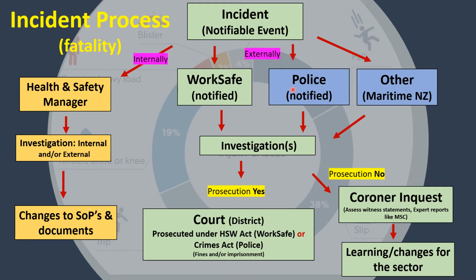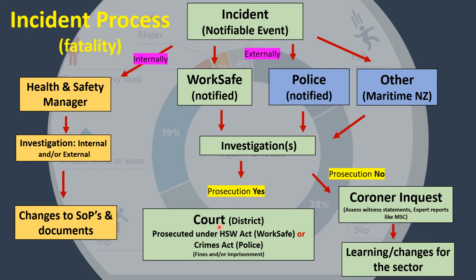But definitely the police and WorkSafe will be involved, and they will probably both do some investigations or decide who is going to do the investigation, and then whether there are any prosecutions from that investigation.